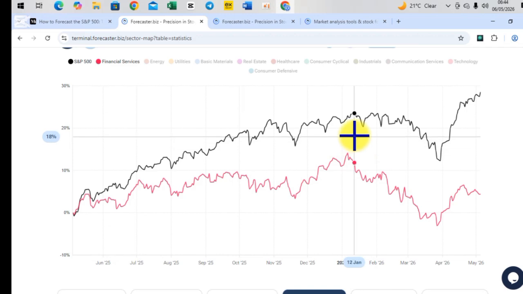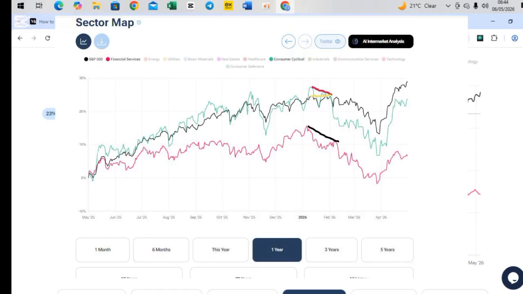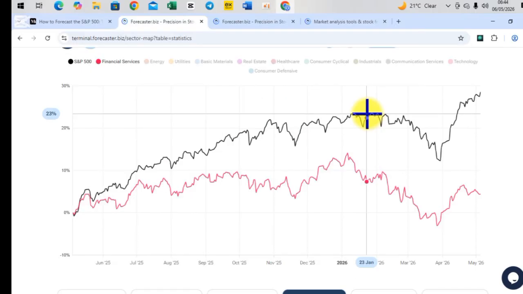I want you to see something. Are you seeing here we have double tops, where the S&P 500 failed to create higher highs? Are you seeing this one here and here? It failed to create a higher high, but created a double top.